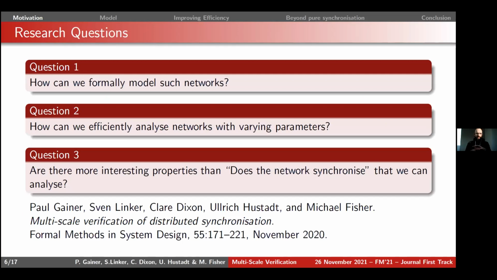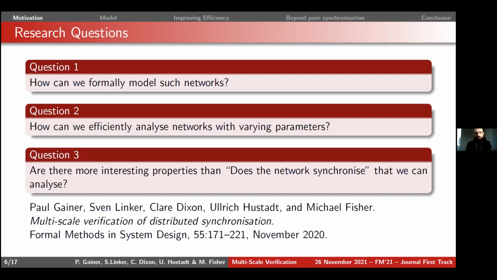Okay, so within this kind of model, we asked ourselves 3 questions in the paper. The first one is, how can we formally model these networks? It would be nice if we can formally analyze how they behave. The next question that came out of that is, how can we efficiently analyze networks of such oscillators with varying parameters?